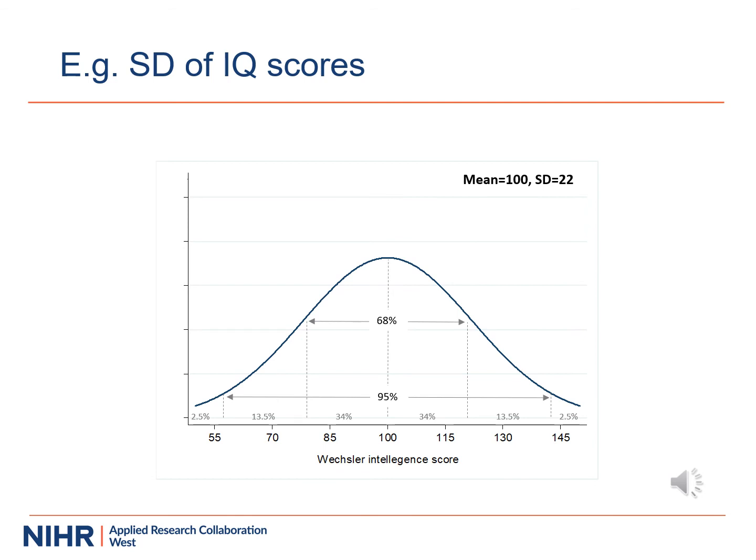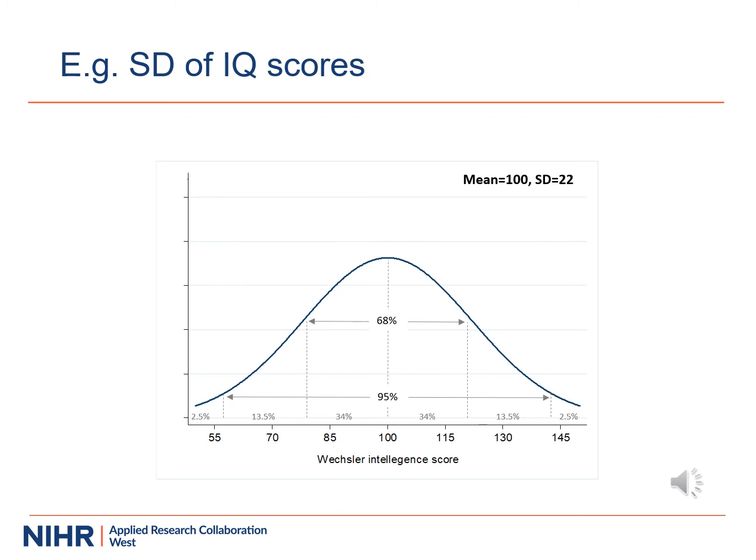Here is another example of the distribution of IQ scores in a different sample of people. This sample of people have the same mean IQ of 100 like before, but there is a bigger standard deviation, 22 rather than 15. You can see that this distribution is wider and flatter than the shape in our last example.